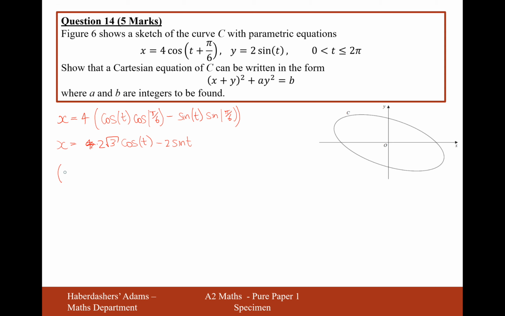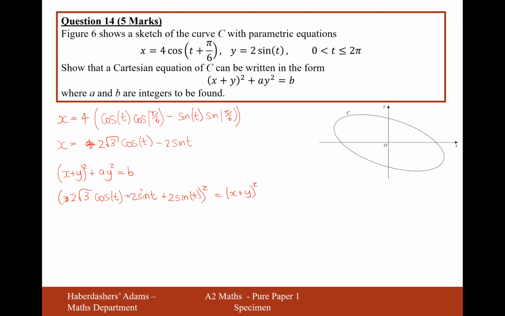Right, okay, so now what we need to do is create this expression here. We're going to need to create (x plus y) all squared plus a y squared plus b. Let's just start with the x plus y all squared part. So x plus y is going to be 2 root 3 cos t minus 2 sine t, and then plus y, so that would be plus 2 sine t, and that's all going to be squared.